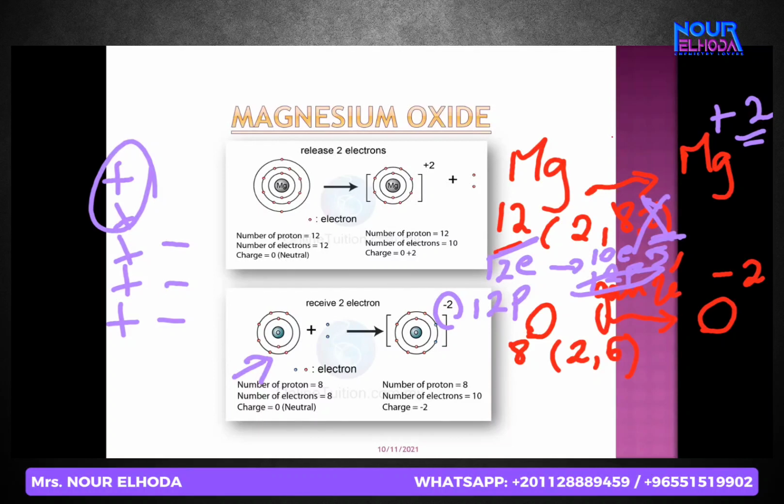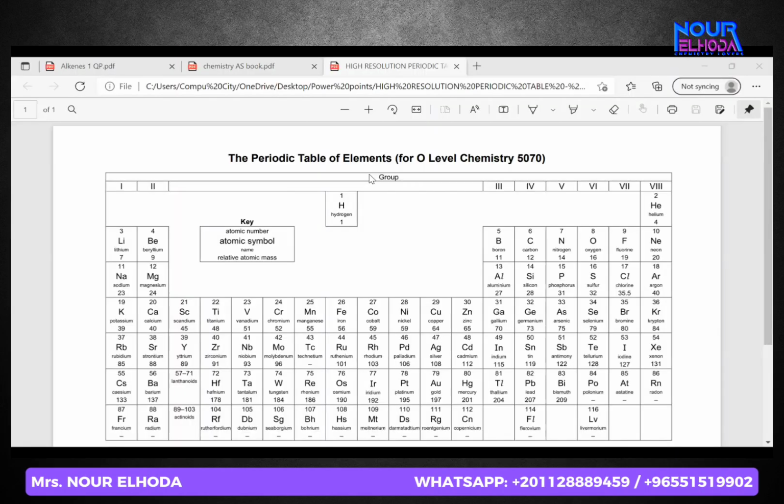Look, I will tell you a way that will really help you with the periodic table. When I find my element, check in general: when any element is in group 1 like sodium, all the time it will lose 1, because it has 2, 8, 1, so I will lose 1.